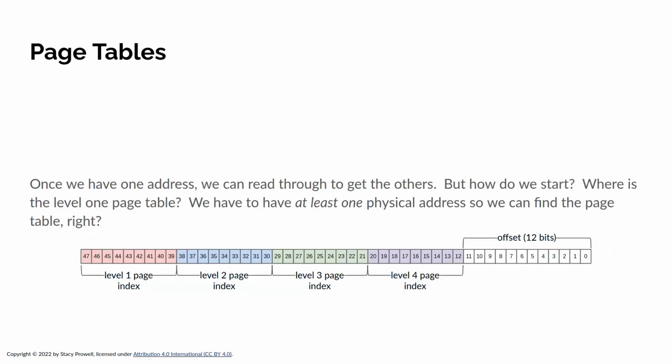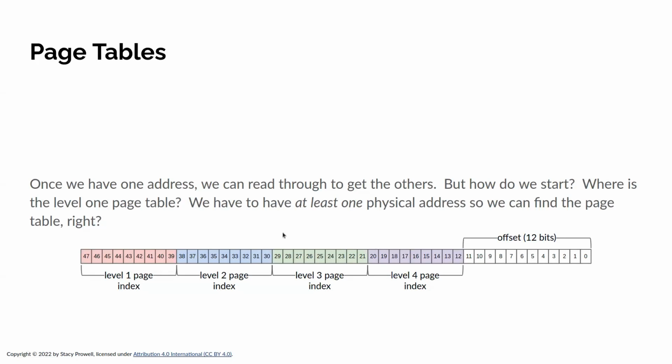So once we have an address, right, we have all these bits. These 9 bits tell me an offset into the level 1 page table where I will find an address of another page. And this tells me the offset into that second page where I will find the address of another page.